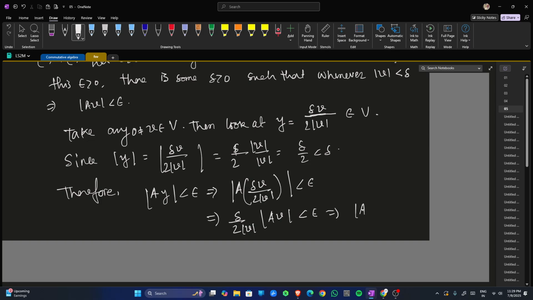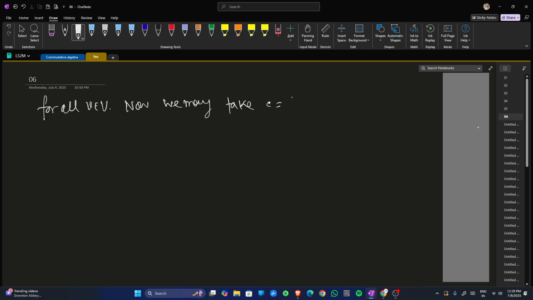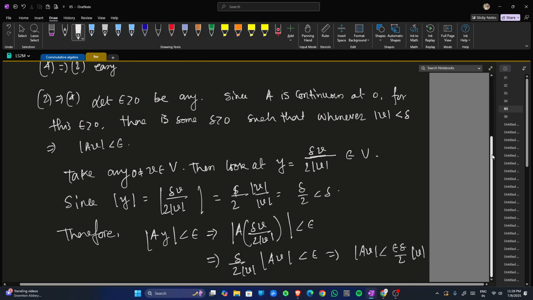This implies norm of Av is less than epsilon times 2 norm v by delta, for all v belongs to V. Therefore we may take c to be epsilon delta by 2.